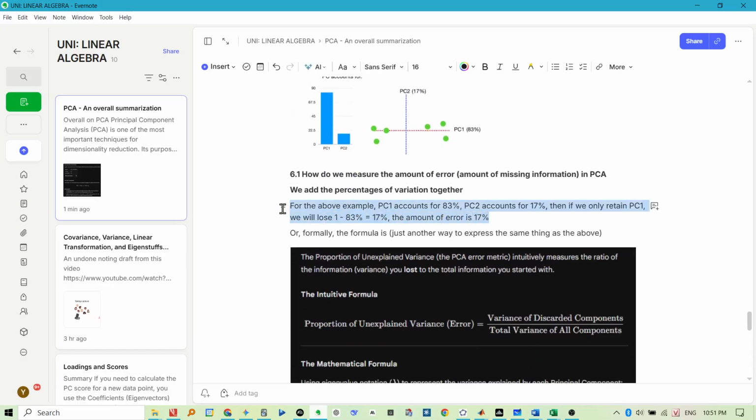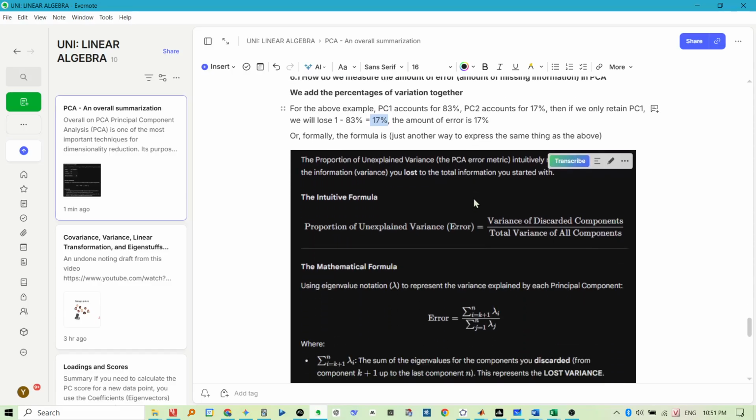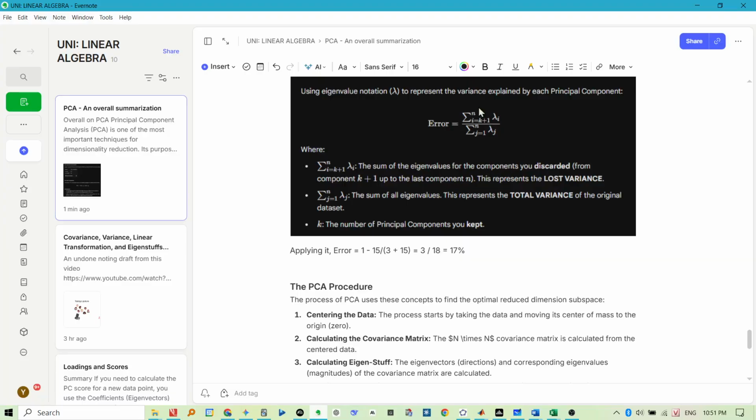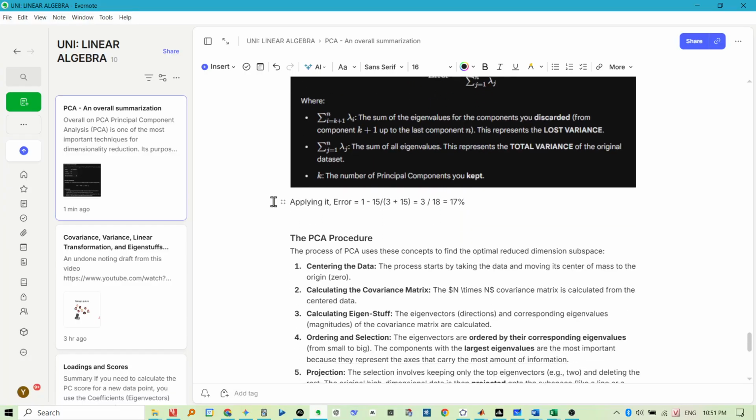I have just described how we can calculate the error of PCA by adding all the variation of our PCs and using one minus the sum, and we will get the error. Okay, just some complex formulas. Won't get too deep. You can read it for yourself.